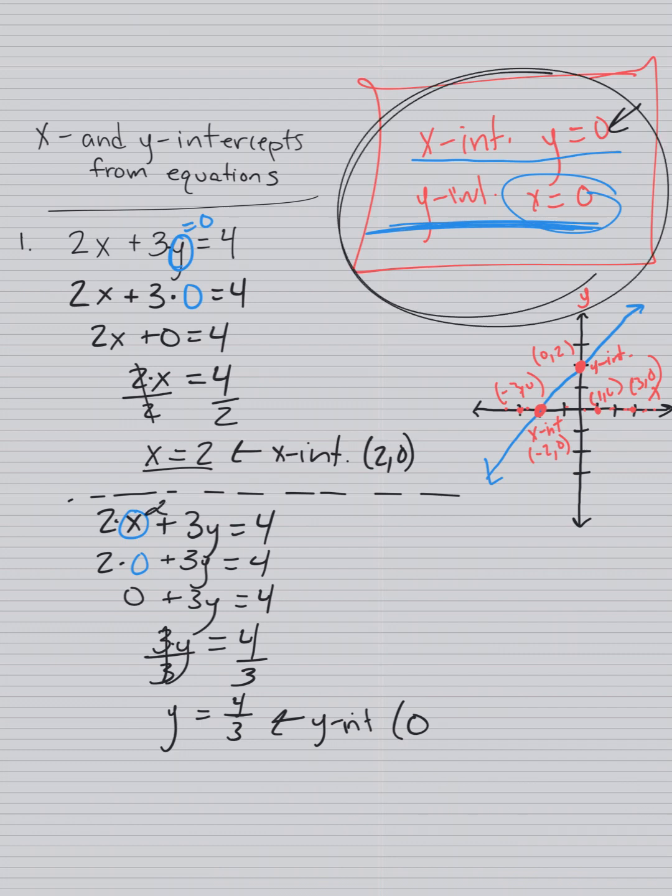The x has to be 0 for the y-intercept. And we solved for y, we said y had to be 4/3. The ordered pair for the y-intercept would be 0, 4/3. So again, you're going to plug in 0 for the opposite letter and solve the equation, find your intercept, and you can write that as an ordered pair.